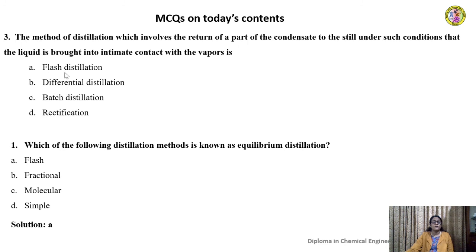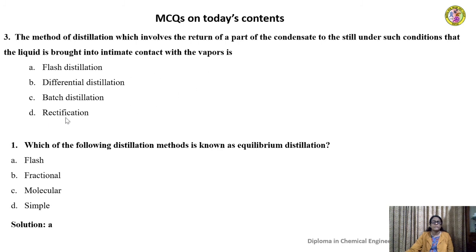If you recall how we classified the distillation methods, flash distillation and batch distillation, which is also called differential distillation, are the ones in which the vapor is condensed and taken out as a product, and that condensate is never returned to the still to contact the vapors.